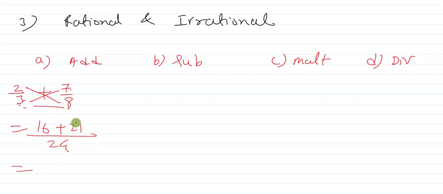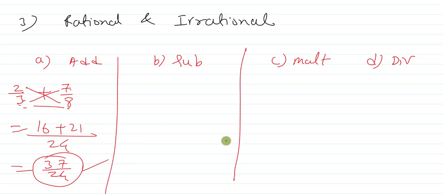Getting it? So the answer will be 37 upon 24. This is also a rational number. That means if I add two rational numbers, their addition will also be a rational number. So just memorize this.